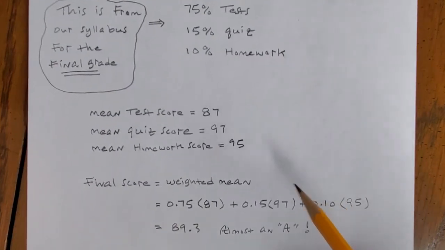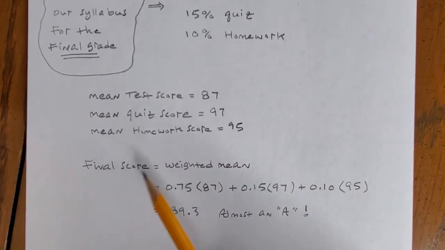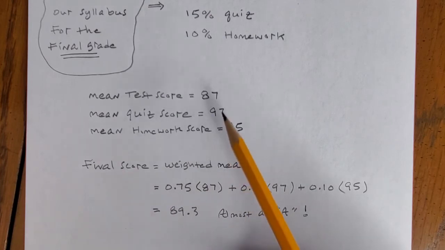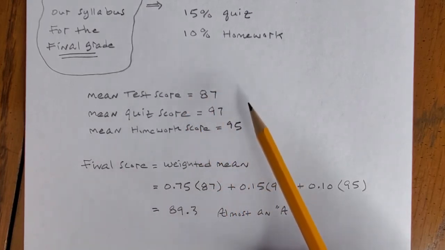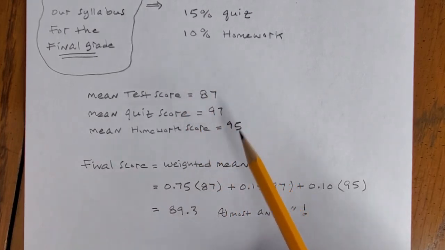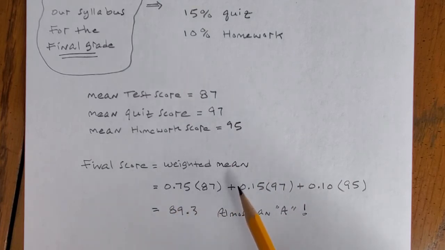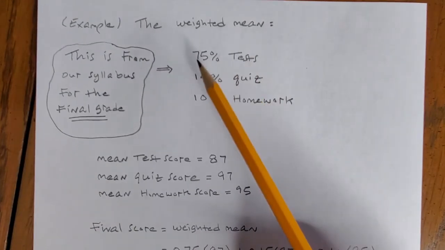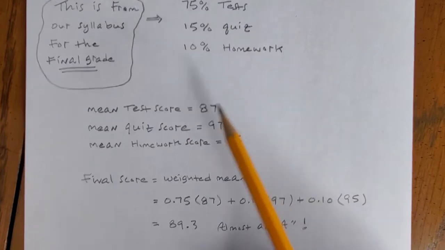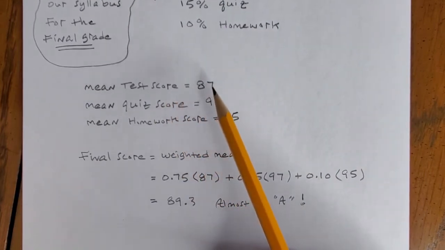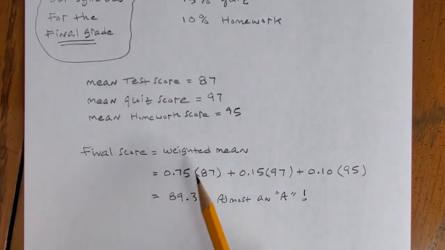Then here's how I find the final score. It is the weighted mean of these scores. Like this: if tests are 75% and your mean test score is 87, I take 0.75 times 87.